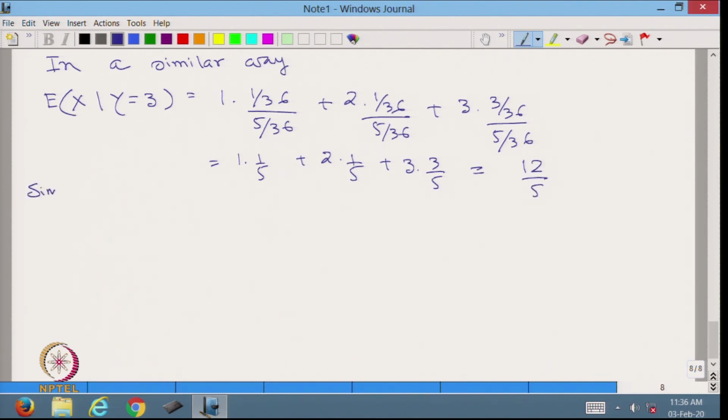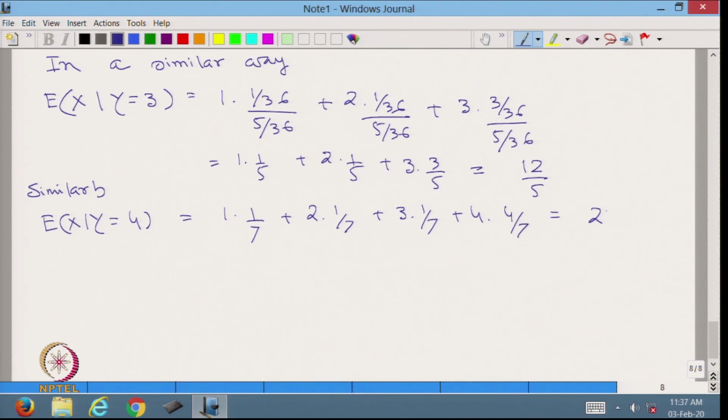Similarly, expected value of x given y is equal to 4 is going to be 1 into 1 by 7 plus 2 into 1 by 7 plus 3 into 1 by 7 plus 4 into 4 by 7, which is equal to 22 by 7.